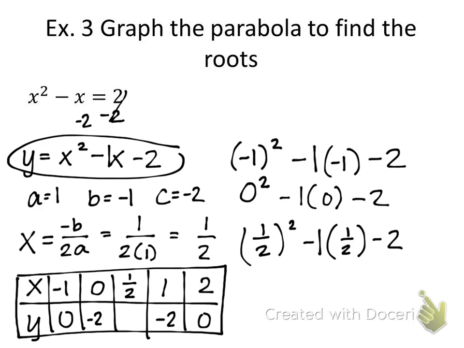Okay, so most likely you're going to get a fraction. Whenever you have an x value as a fraction, that's fine. What I would do if I were you is I would write it as a mixed number. So let's change -9/4 to a mixed number, which is -2 1/4. So now I need to graph it.